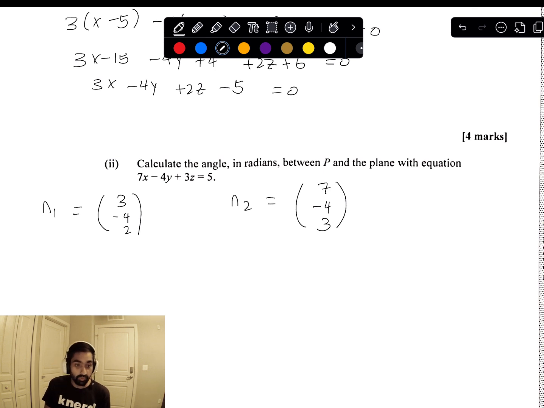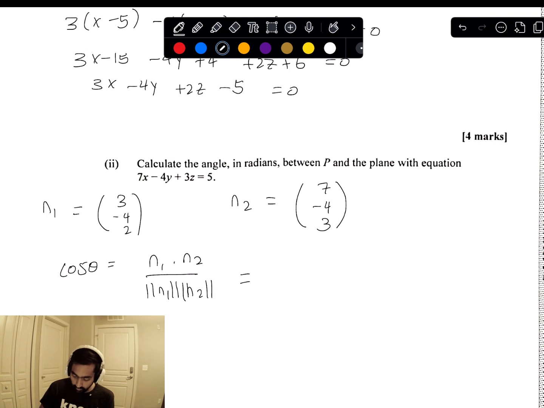To find the angle between the two planes, we have to find the angle between these two vectors, using the formula cosine theta is the dot product of the two vectors over the product of their absolute values. To remind you, for the dot product I multiply the x's together, add the y's multiplied together, and add the z's multiplied together.